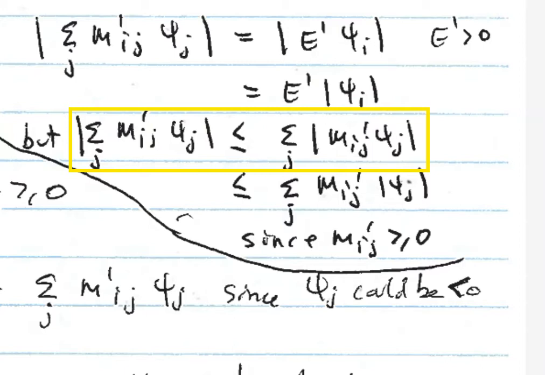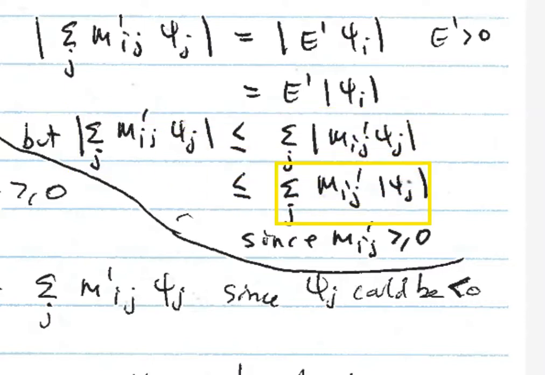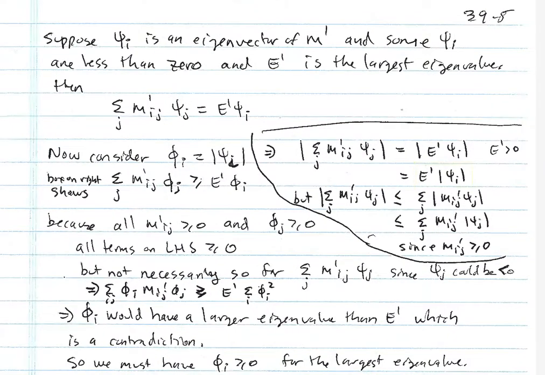Because all of the M prime_ij are bigger than or equal to 0 and are real, I can just put that absolute value sign on the psi_j, and that tells me that the sum over j of M prime_ij phi_j is greater than or equal to E prime phi_i. Now, because all M prime_ij are greater than or equal to 0 and phi_j is greater than or equal to 0, all of the terms on the left-hand side are larger than or equal to 0.